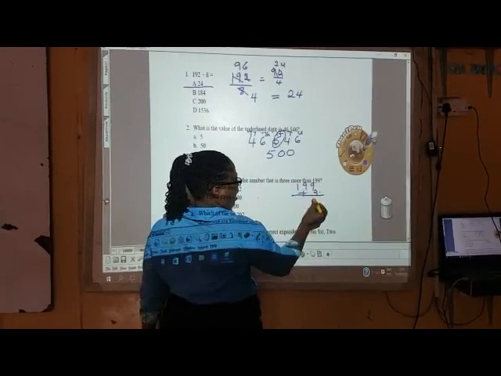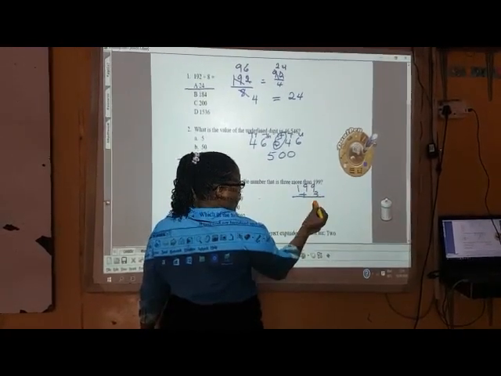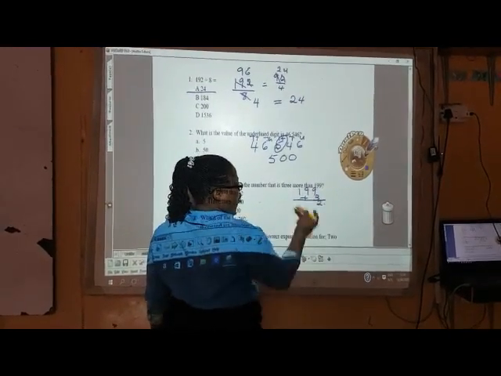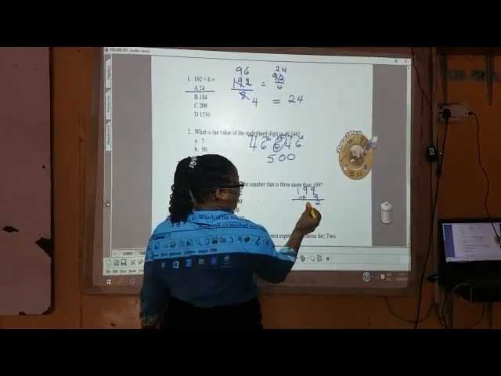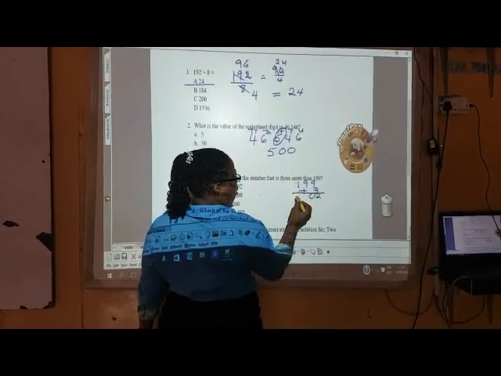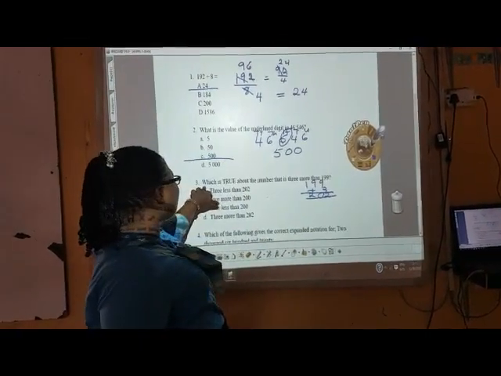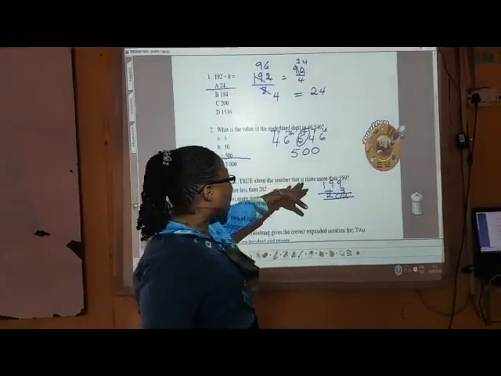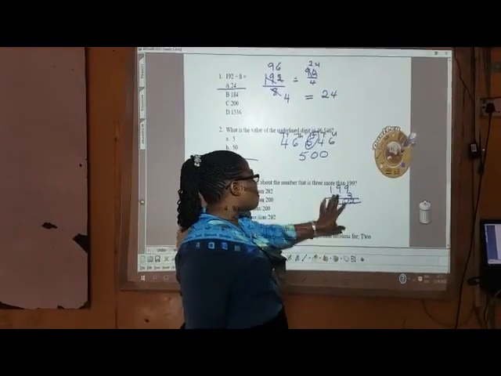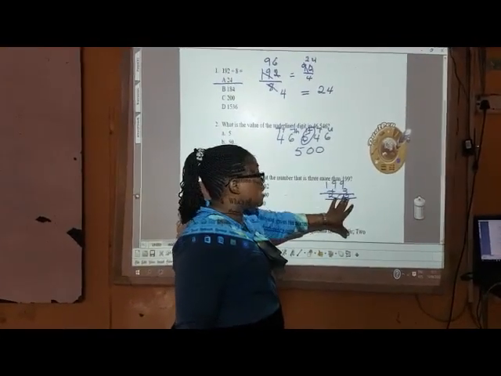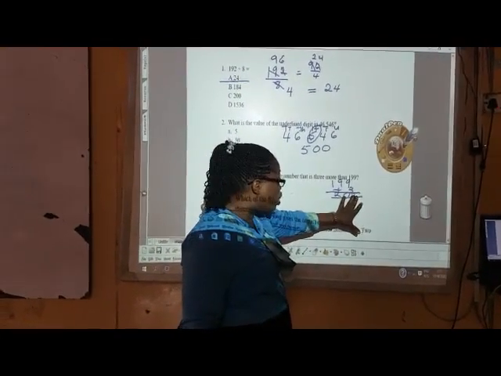What do we have? 9 plus 3, we have 12, right? So keep 2, carry 1, 1 plus 9 is 10, add 1 to that is 2. So that means the number is 202. That is what we want to look for.